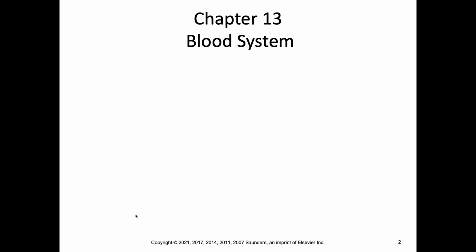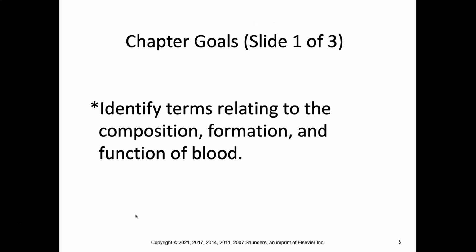Moving right along, our chapter goals, again, are the same as they have always been for the book in terms of terms and compositions. We're really looking at this chapter about the formation and function of blood. We have already touched a little bit on blood when we talked about the cardiovascular system, the respiratory system, the urinary system, and the nervous system. But now we're really going to look at blood itself.